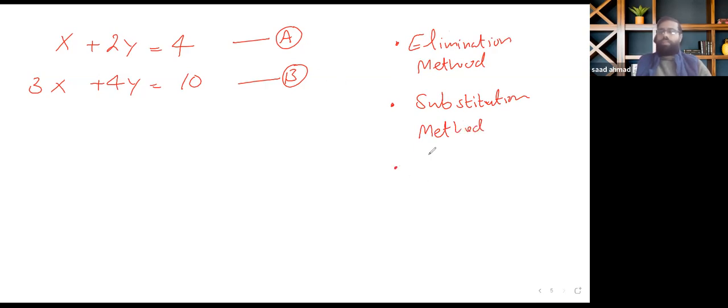And the third one is the graphical method. Like we can graph them and then we can see where those two lines intersect. That's the graphical method. But right now, let's try it first with the substitution method.